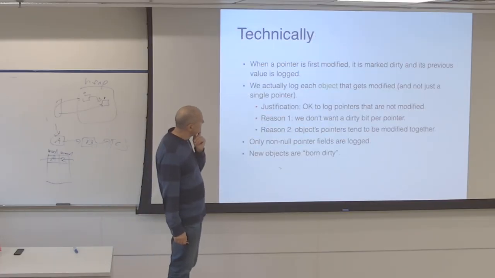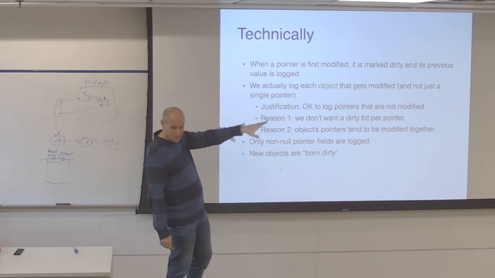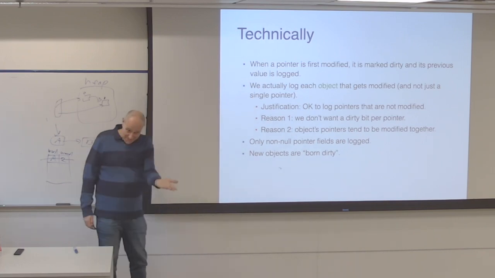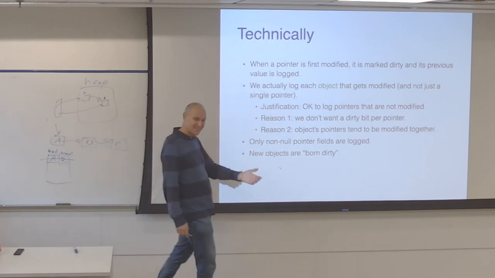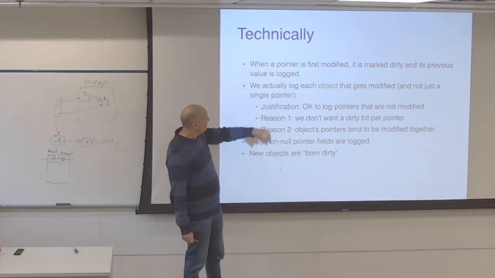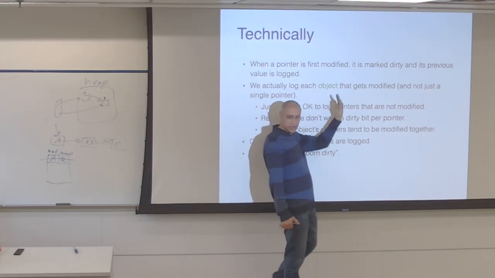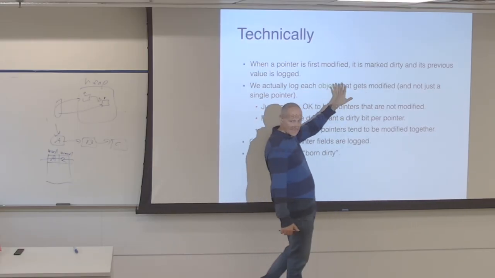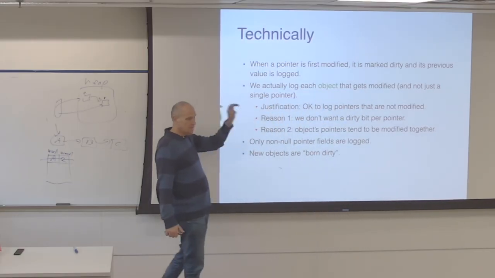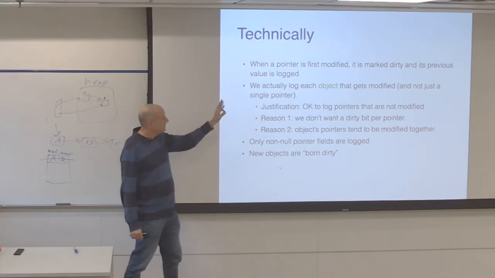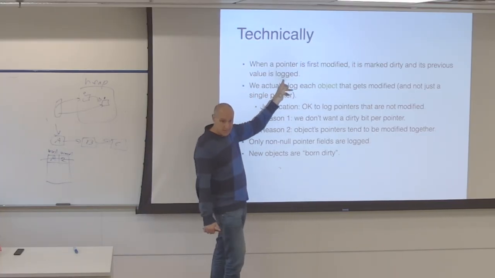So technically, which is what your excellent question leads to, on the next slide: when a pointer is first modified, it is marked dirty. I don't know if you remember, we did dirty last time, but it's the same. First modified, it becomes dirty, and its previous value is logged.